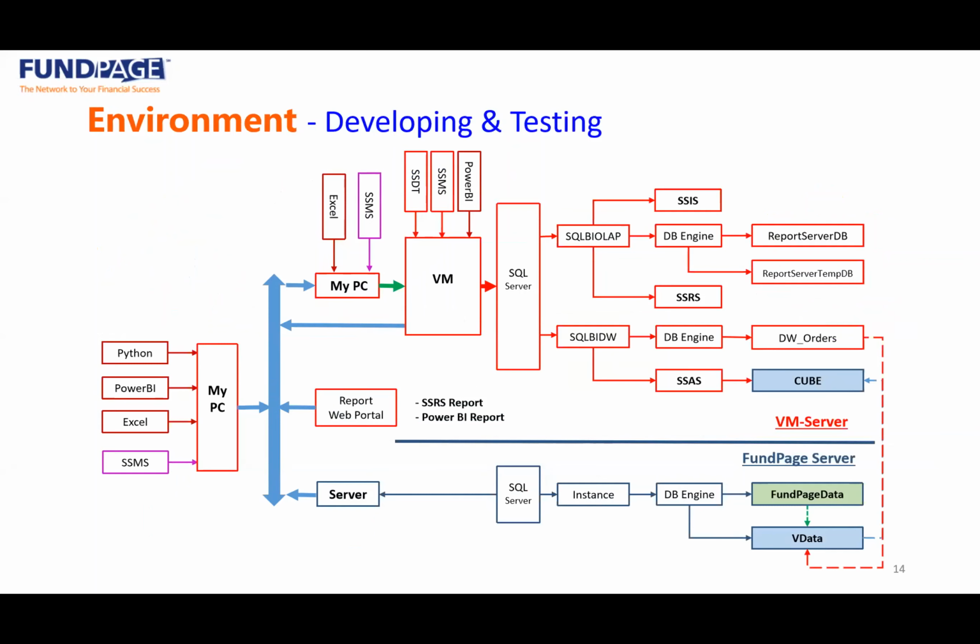The environment is our developing and testing environment. The first part is a VM server with BI services and a database. The lower part is the FundPage server, and we will get all data from this server.